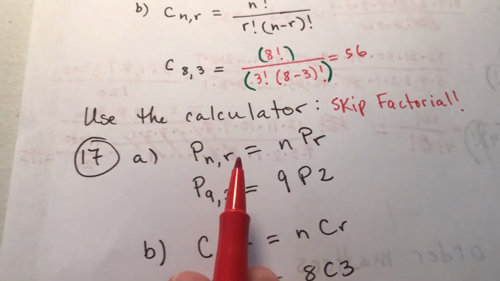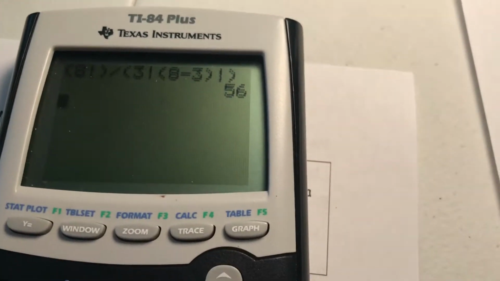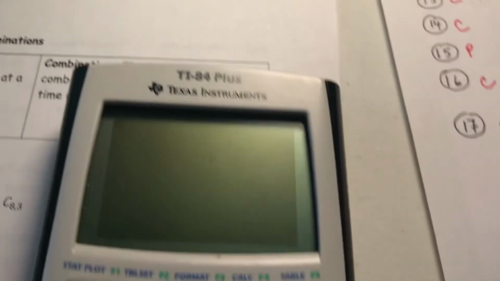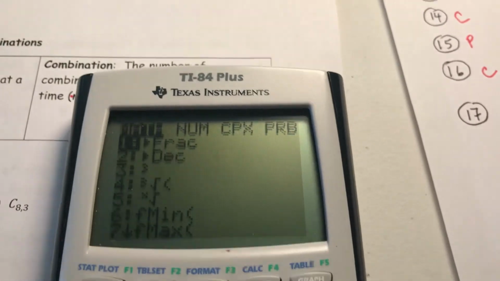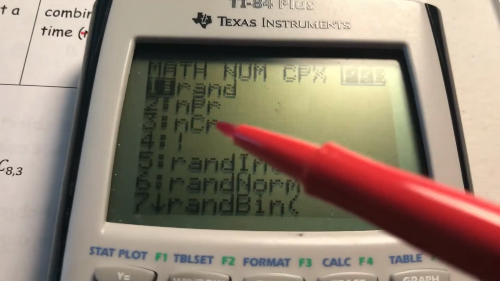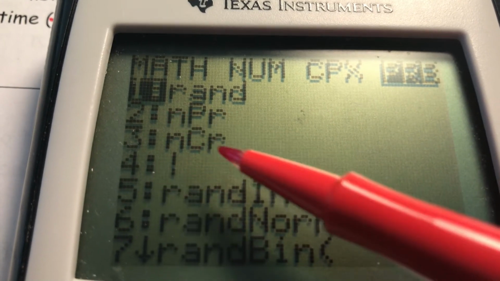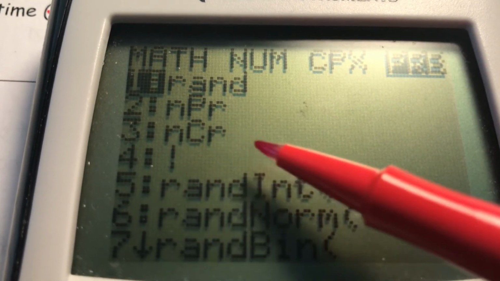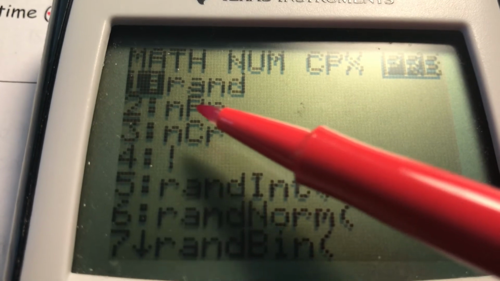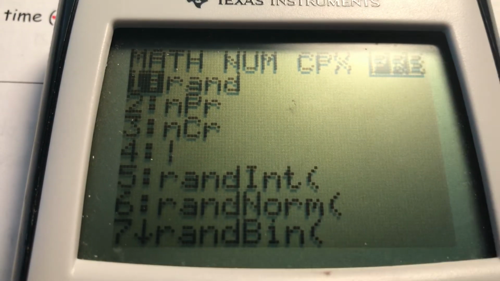So we're looking at P and R. If I go to math, probability, do you see above the factorial there's an nPr and an nCr? That is permutation and combination here.